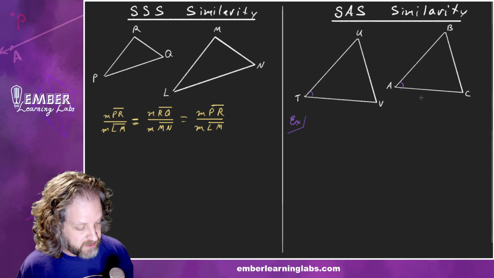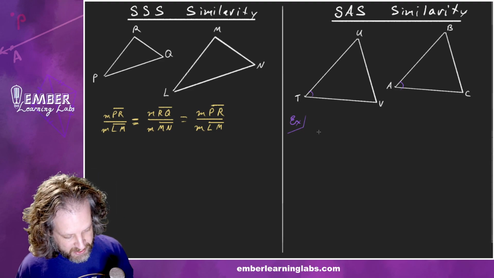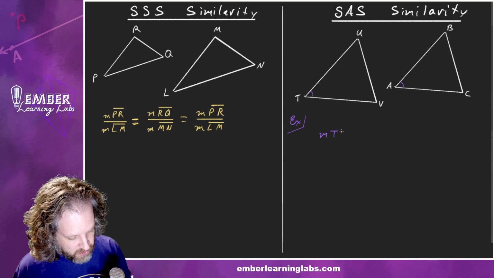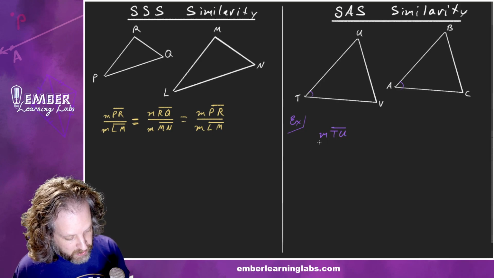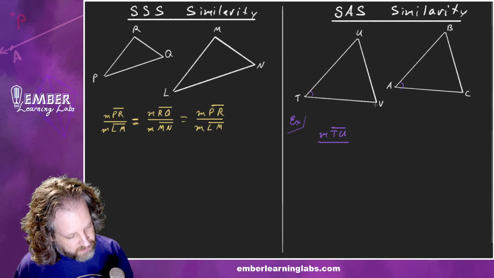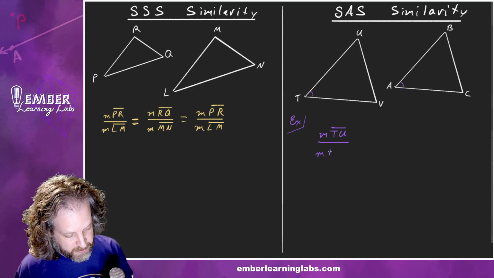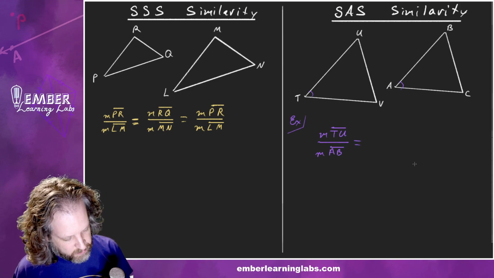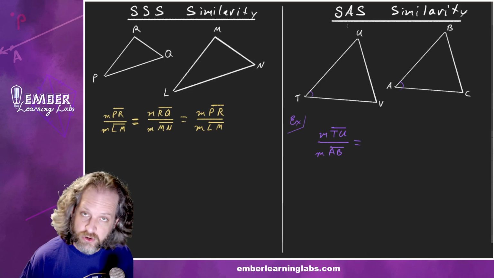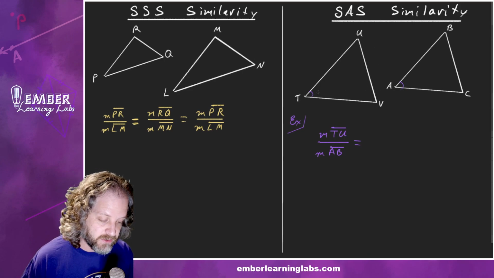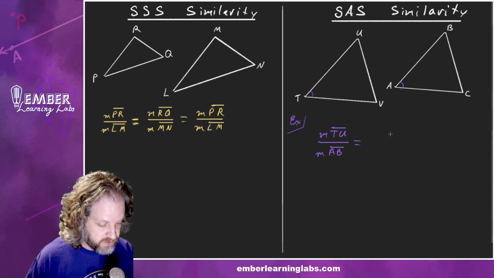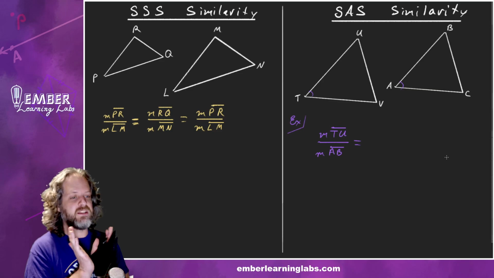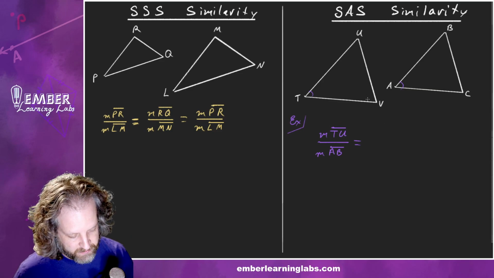So in order to use this in this example, we would have to say that the measure of TU to the fraction measure of AB, the one that is corresponding, AB, is proportional to, and it'd have to be this side. If we had angles T and A, you couldn't use side UV and side BC. It has to be the ones that are adjacent to the angle for side angle side similarity, right?